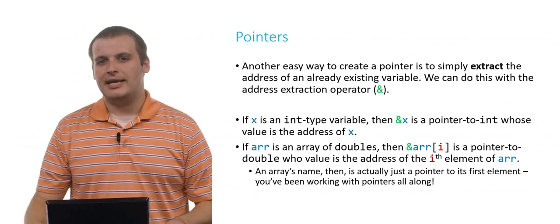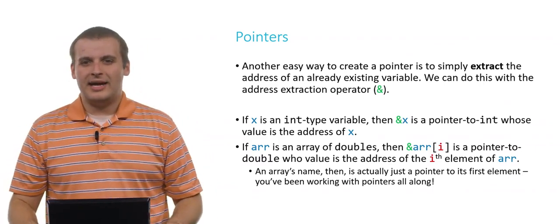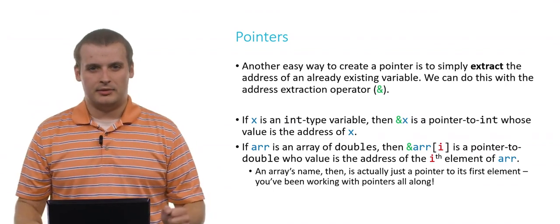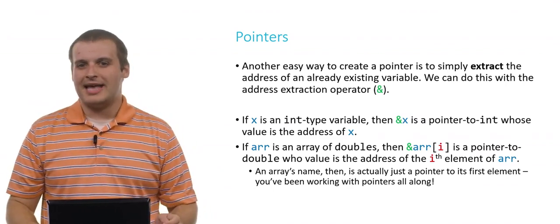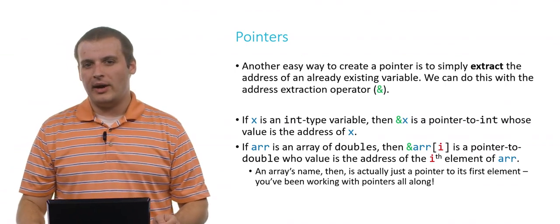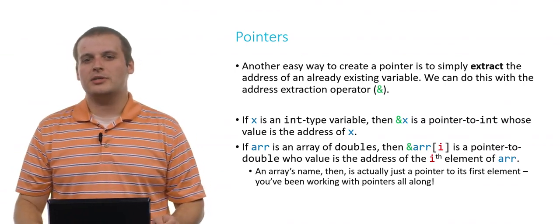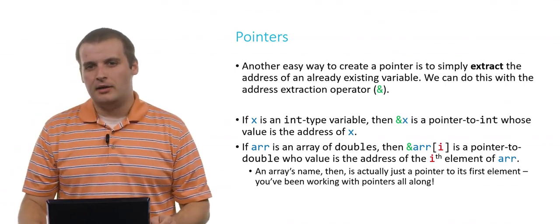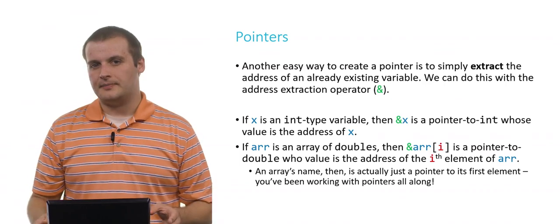So what's the implication here? The implication is that an array's name is actually itself a pointer. You've been working with pointers all along every time that you've used an array.